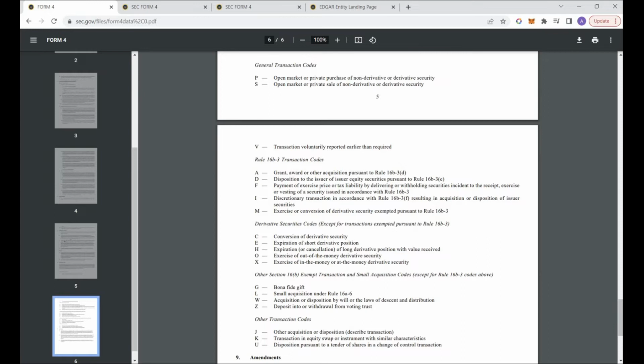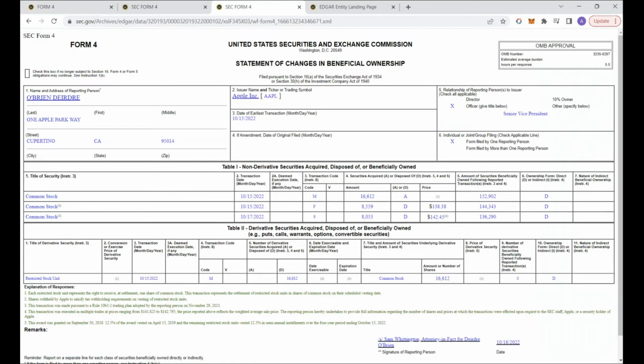So if you exercise your shares, the company will basically take some of those shares to satisfy the tax liability of exercising those options. And you'll see that in the transaction here.